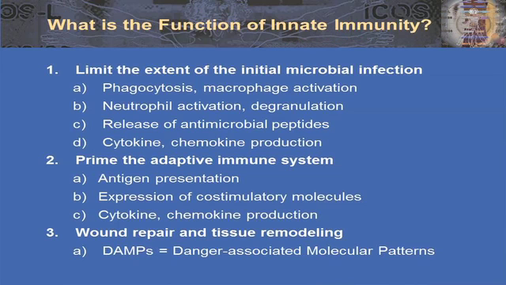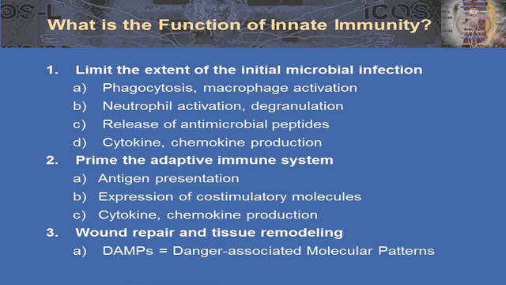So at the end of the day, what is the function of this innate immunity? Well, number one, it limits the extent of that initial danger signal, right? I mean, there's chikungunya. You've been bitten by the mosquito. That alphavirus has penetrated the skin. I'd like to get rid of it now before it has become disseminated. Unfortunately, that doesn't happen all the time.